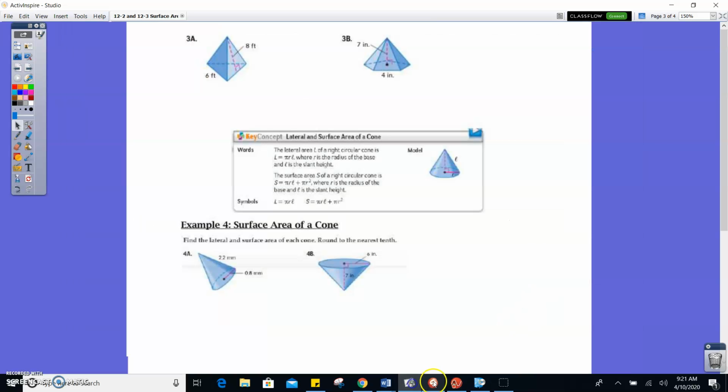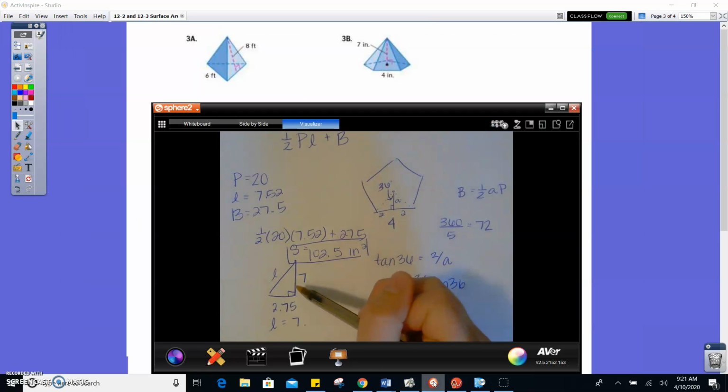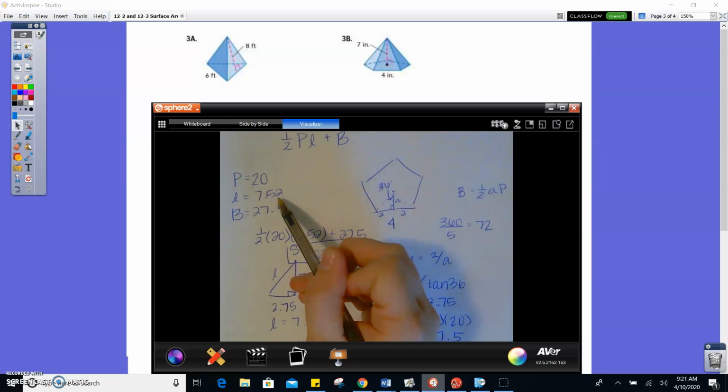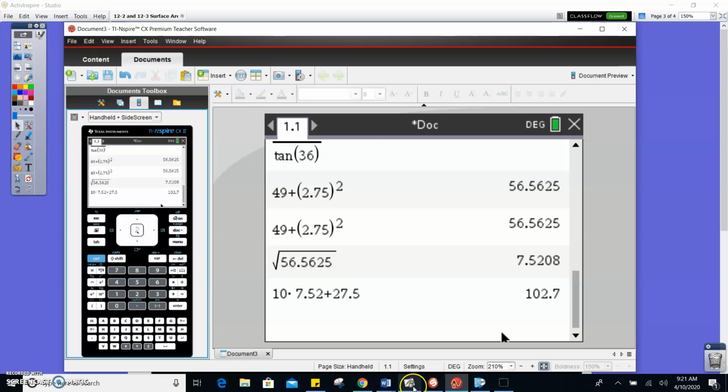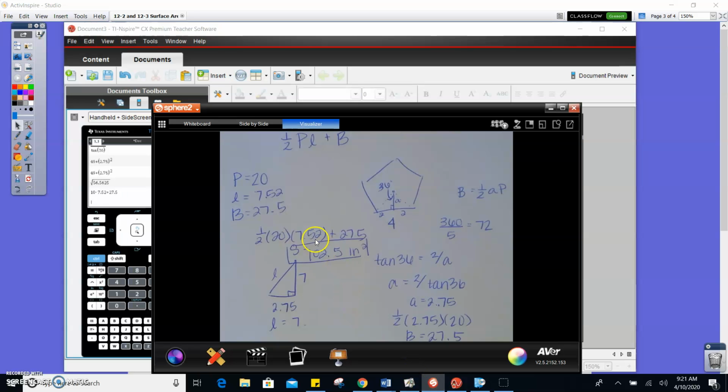So if we come back over to our work, that means that our lateral side length is 7.52. So then when I substitute that value into the formula, I get half of 20 multiplied by 7.52 plus 27.5. We put that in the calculator to get our total surface area value of 102.5 inches squared.